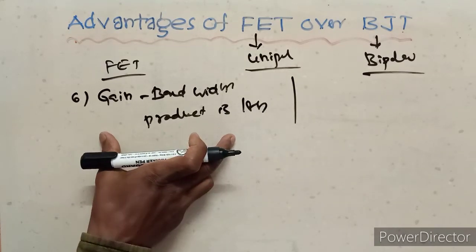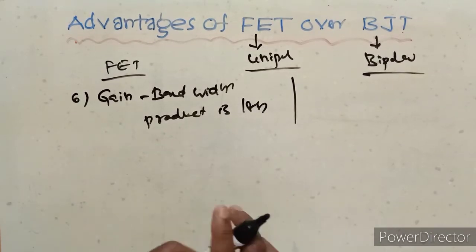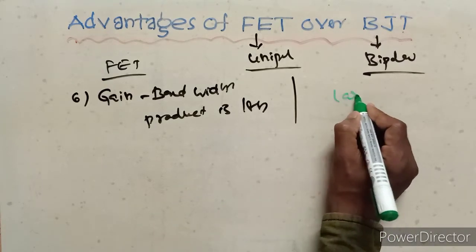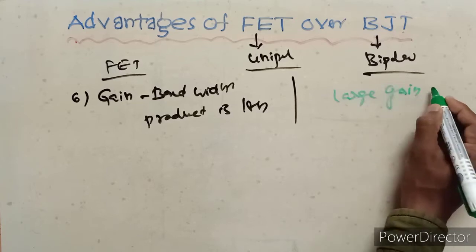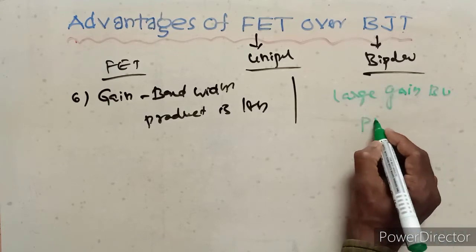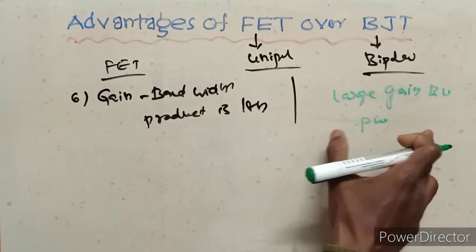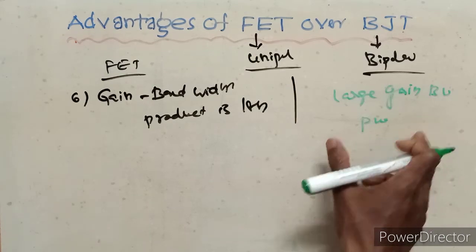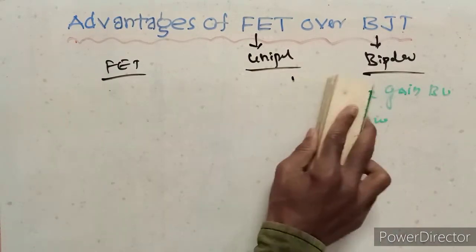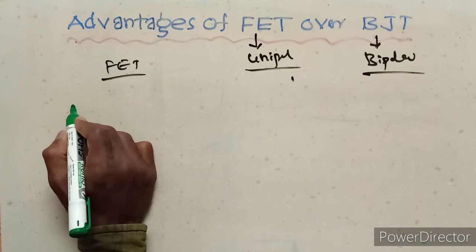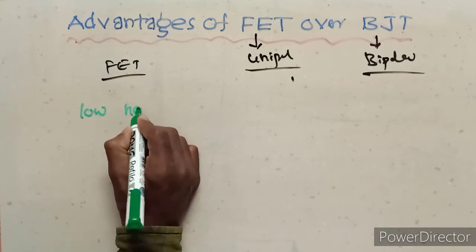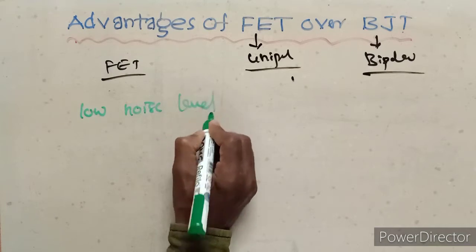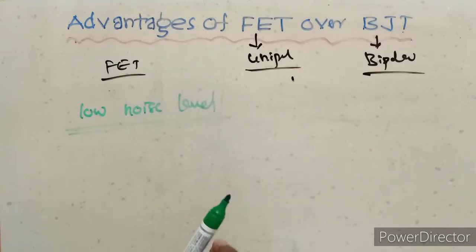Gain bandwidth product is less in FET. BJT has a large gain bandwidth product. In FET there is a low noise level.